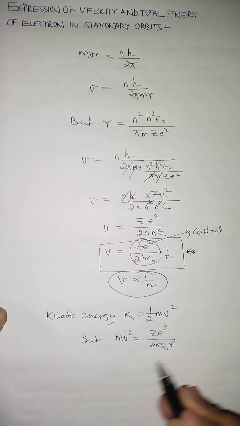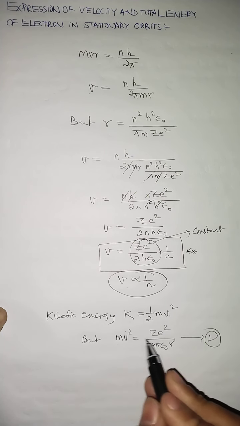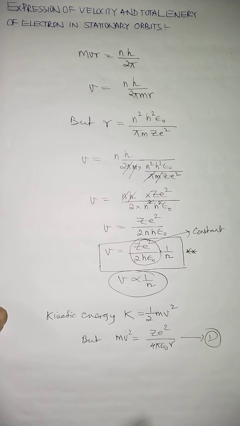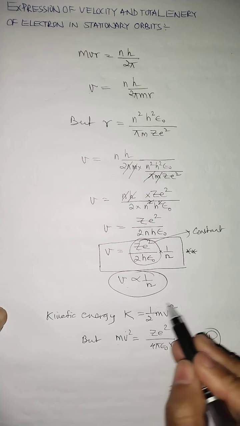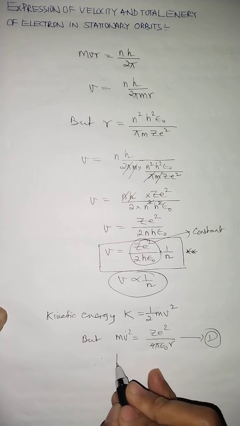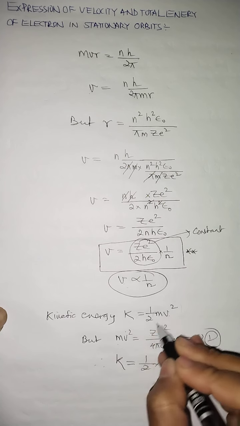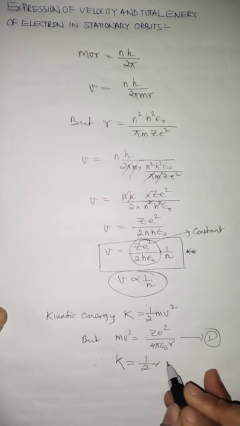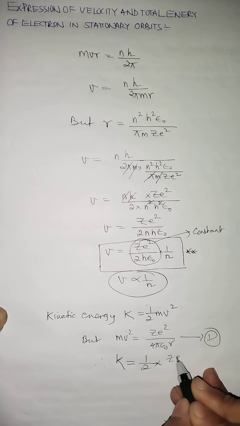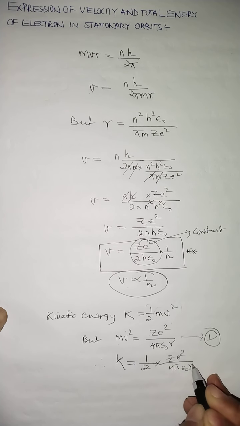See children, this is the first equation that I have derived: mv square equals Z square by 4 pi epsilon naught r. Now I replace this mv square by Z square by 4 pi epsilon naught r, which means the kinetic energy can be written as 1 by 2 into Z square by 4 pi epsilon naught r.